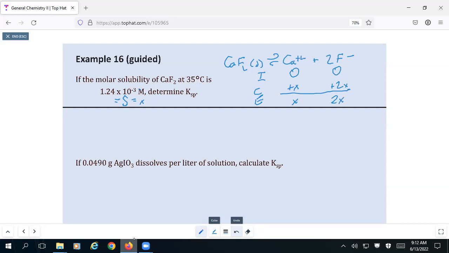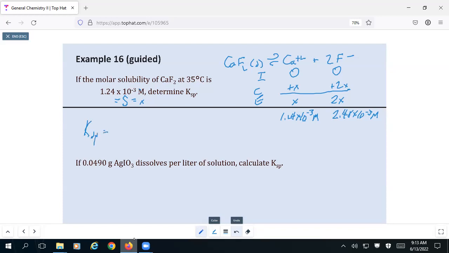So if we are given this value of x or S, that means that we have 1.24 times 10 to the negative third molar for the calcium, 2.48 times 10 to the negative third molar for fluoride.